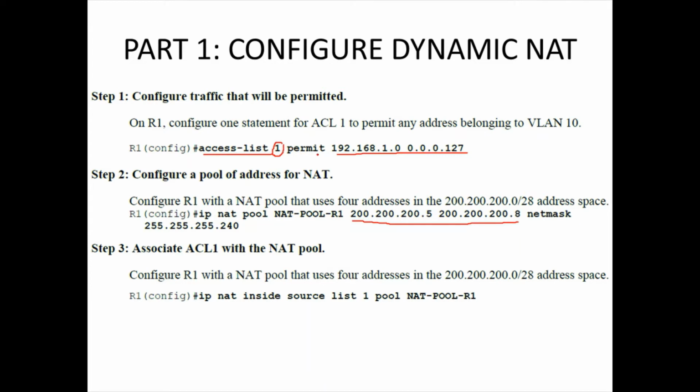And then we permit traffic from network 192.168.1.0. As I mentioned in the lecture yesterday, we need to use the wildcard mask. Remember that in a standard access list, we don't have the destination.